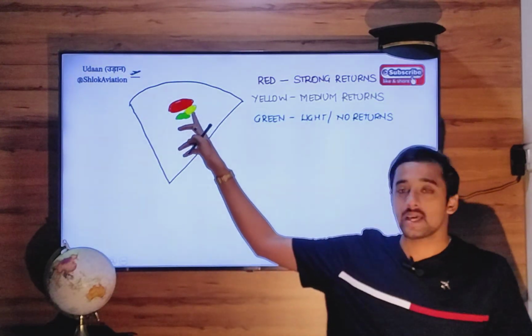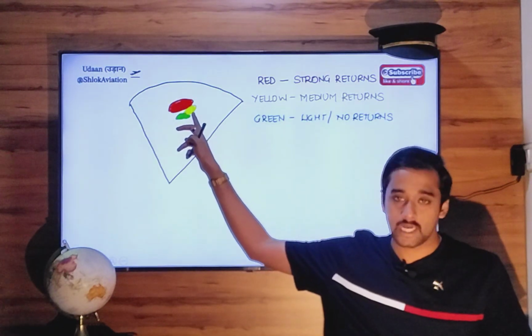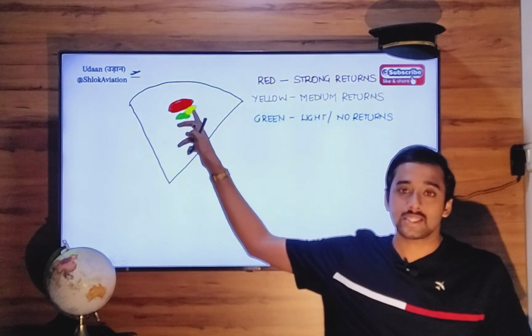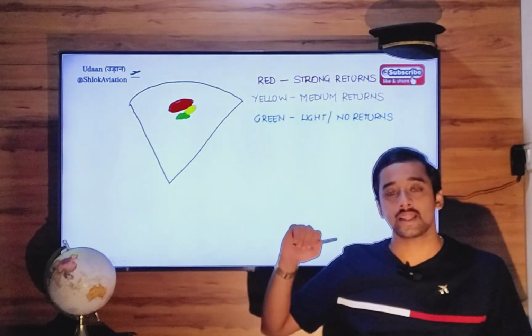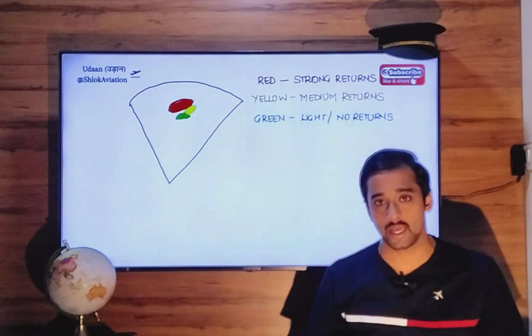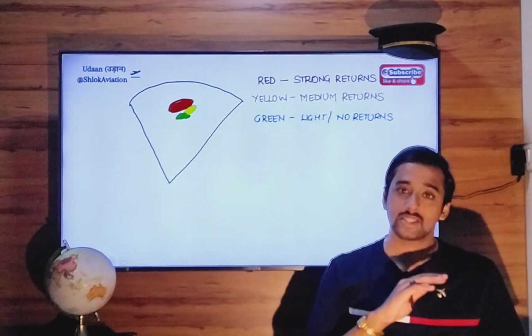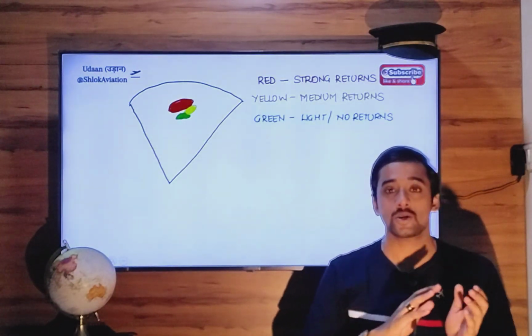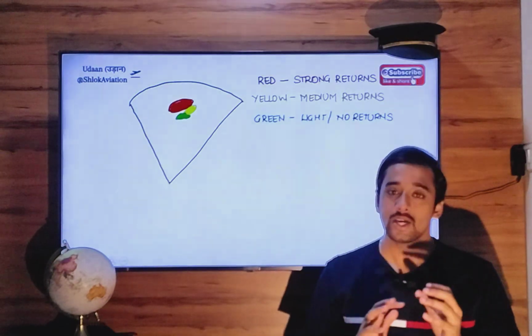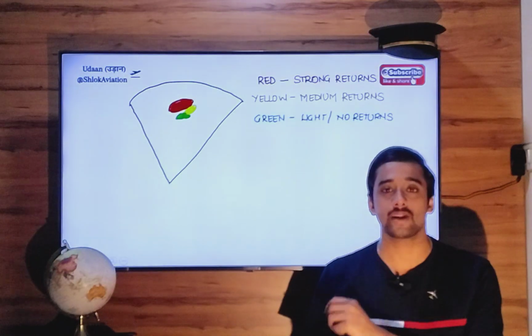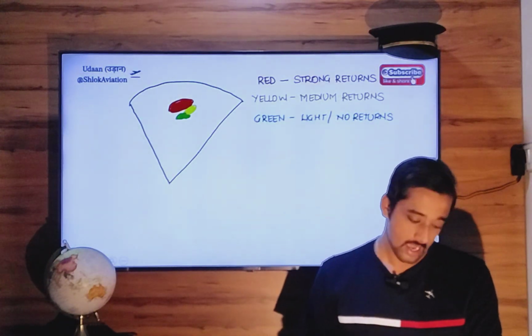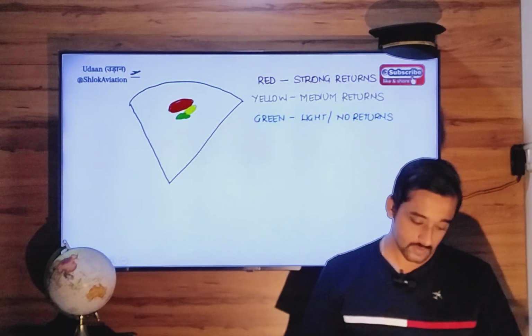And the region where there is yellow color, you are getting medium returns, meaning in this area the rainfall will be much more intense than the area which is green color area. So when you are transitioning or flying from one area to a completely different area, you are going to expect some turbulence because you are transitioning into a completely different atmospheric condition. So that is the case.